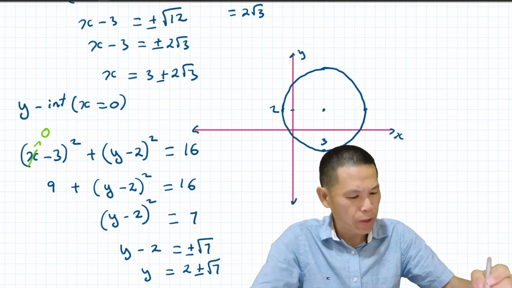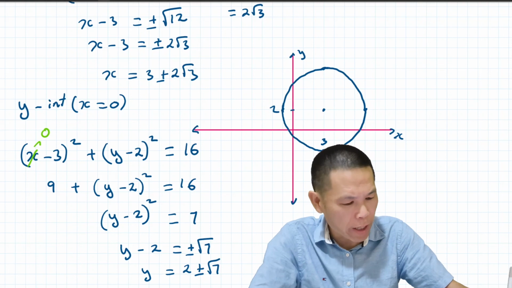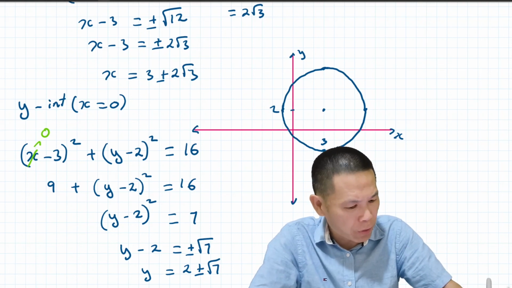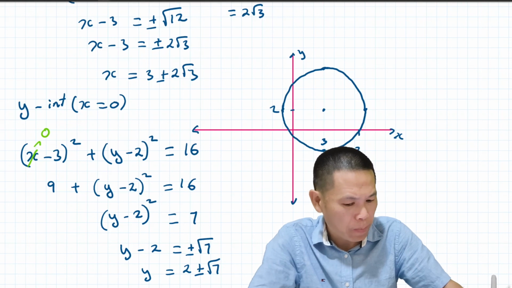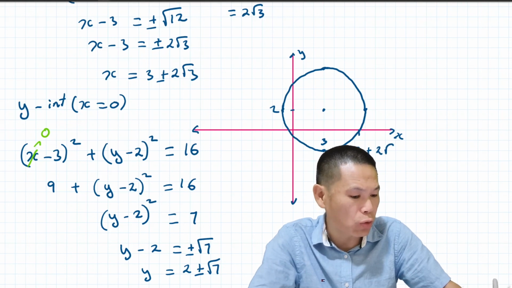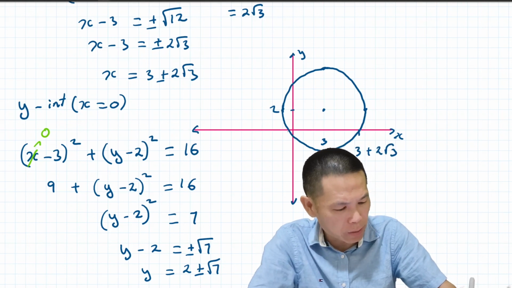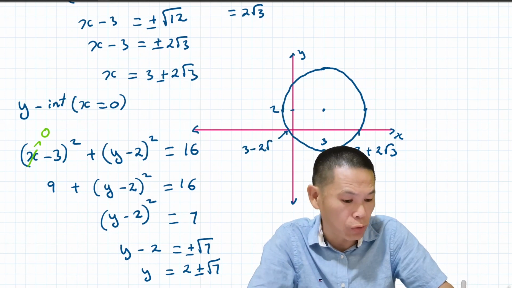There you go. Let me label the x and y intercepts first. For the x-axis, the positive one is 3 plus 2 root 3, and this one here is 3 minus 2 root 3.